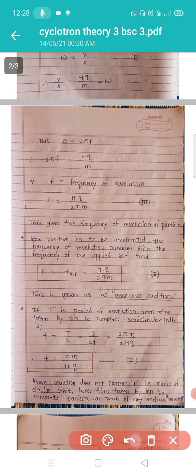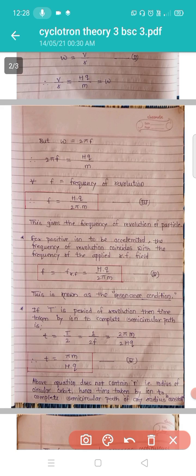Then the second part is the time period. If capital T is the time period of revolution, then the time taken by the ion to complete the semicircular path is given by T by 2.